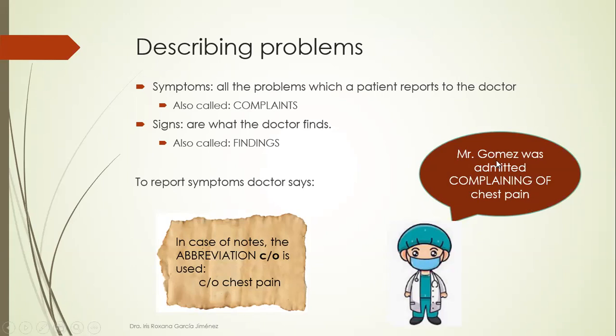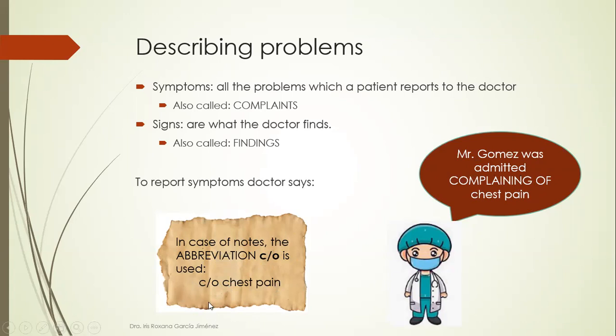It's easy. This verb is easy to work with, to catch this idea, and to start using in abbreviations. In case of notes, the abbreviation C/O is used, complains of chest pain.